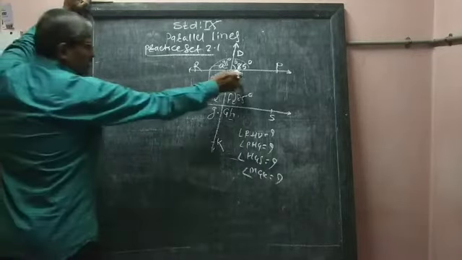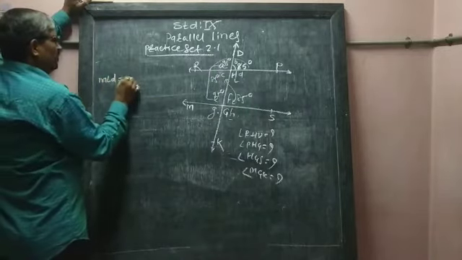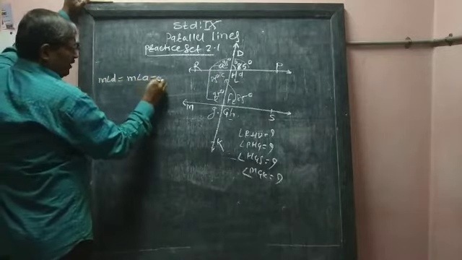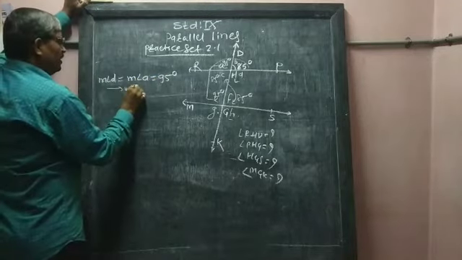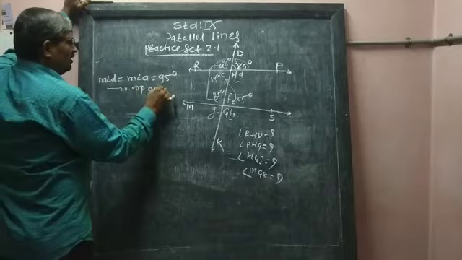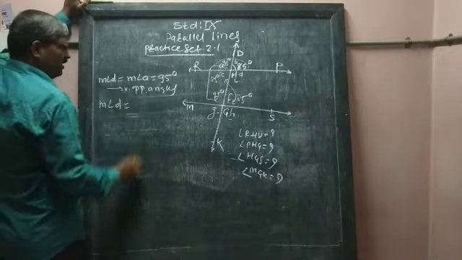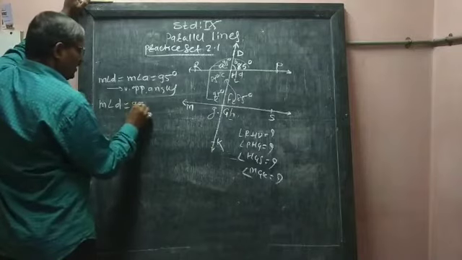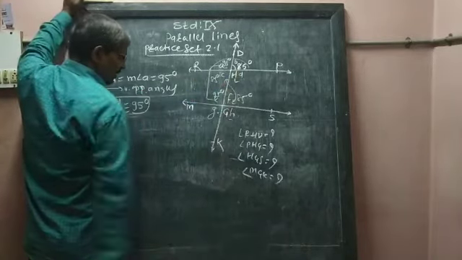Now angles D and E. Measure of angle D is equal to measure of angle A, which is 95 degrees, as they are vertically opposite angles. Therefore, measure of angle D is equal to 95.